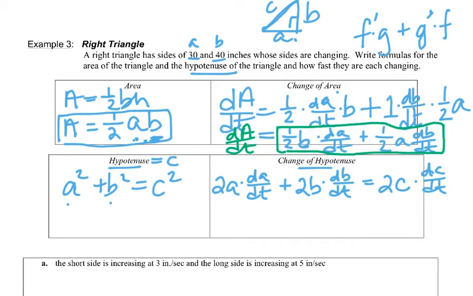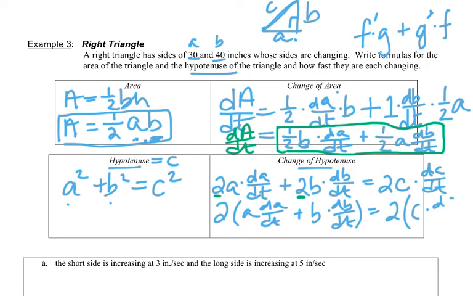Now I could factor out a 2 on this side. Let's do that. So I have 2 times a dA dt plus b dB dt equals 2 times c dc dt. Then I can divide by 2. So divide this whole thing by 2.